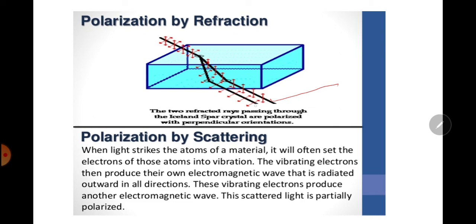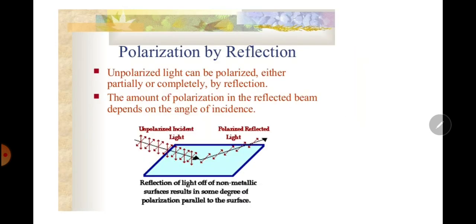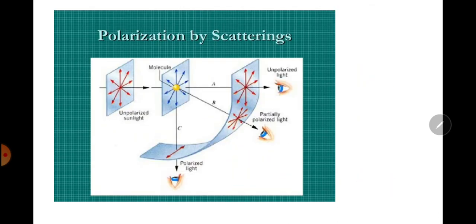Vertical polarization, horizontal polarization, polarization by scattering. This is polarization by reflection. This is polarization by scattering. The unpolarized light is absorbed by a molecule and it is reflected in this direction, which has only one plane of vibration, so it is polarized.